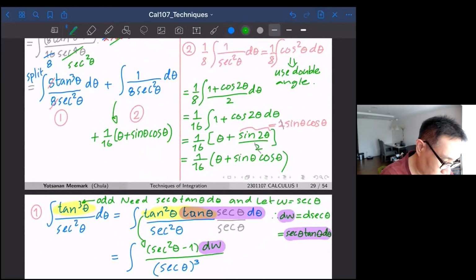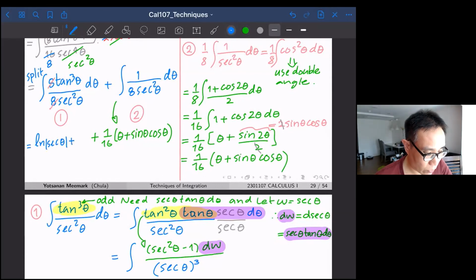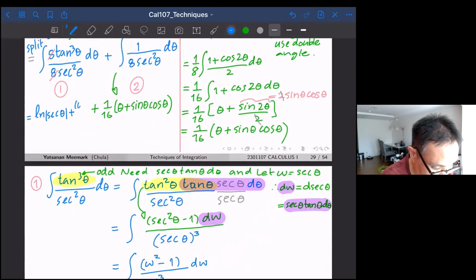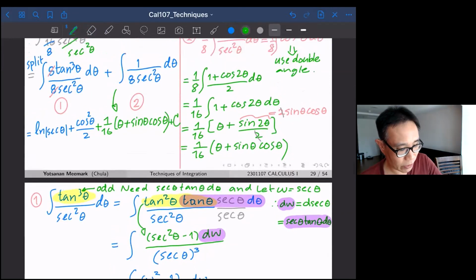So it's going to be log absolute sec theta, plus cos squared theta over 2, plus 1 over 16, and then plus c at the end here. Okay, everything looks nice so far.